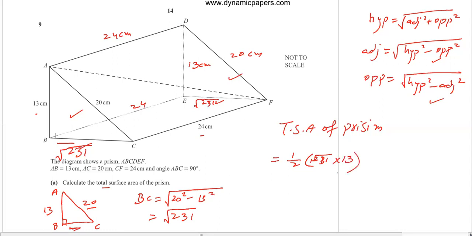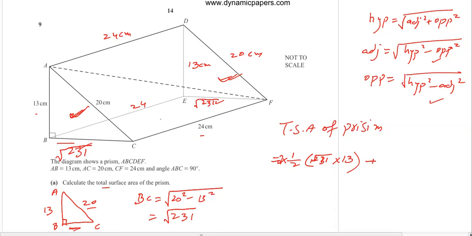The height is 13. Because there are two triangles, this one and this one, you can multiply it with 2 also. So 2 multiplied by 1/2, root 231 into 13 for these two triangles.